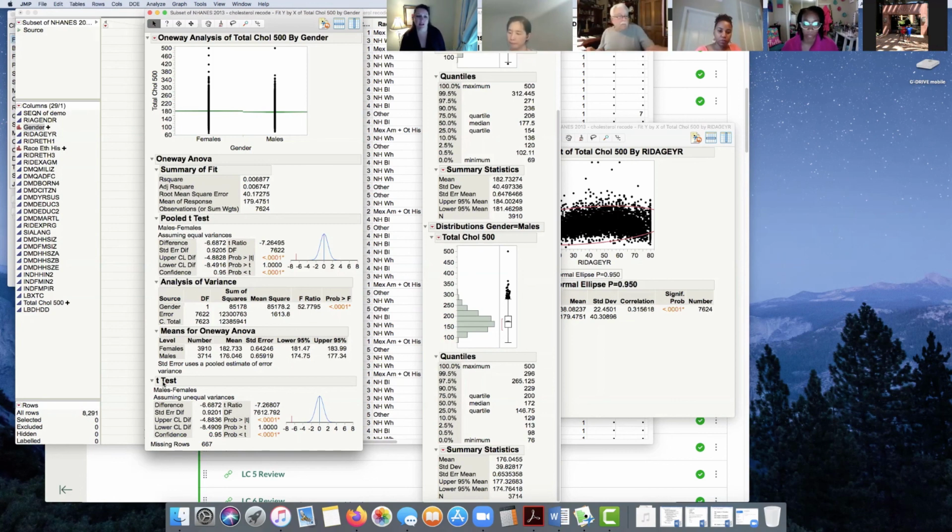The pooled t-test is very robust to departures from equal variance. So you can see here that we don't get different results until into the third decimal place. So they're pretty consistent with one another.